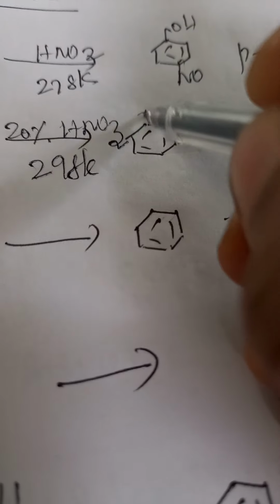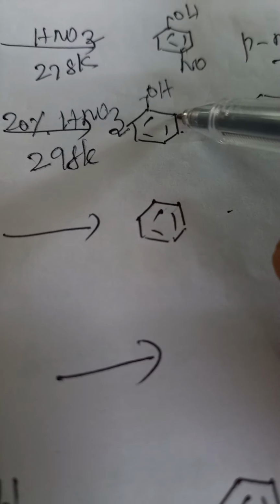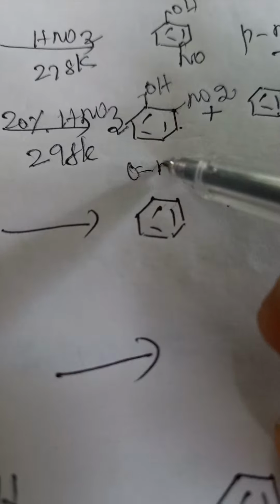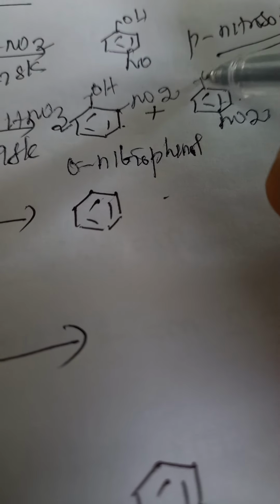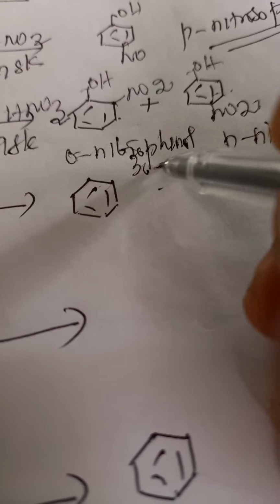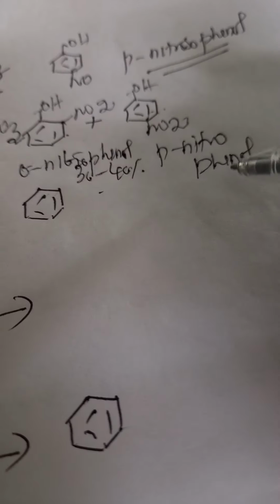We get two products: OH with NO2 group in the ortho position, ortho nitrophenol, and NO2 group in the para position, para nitrophenol. Here 30 to 40% yield, here 15% yield.